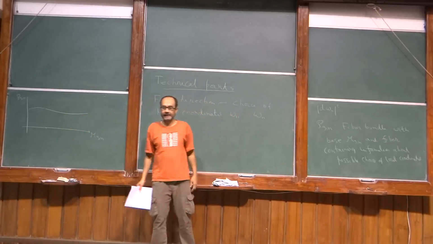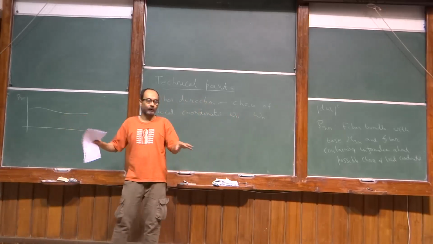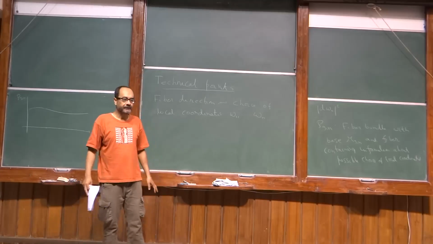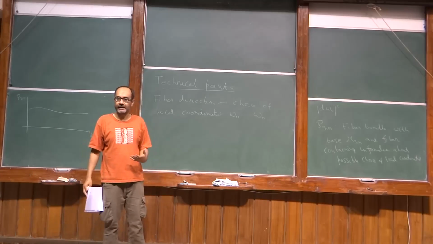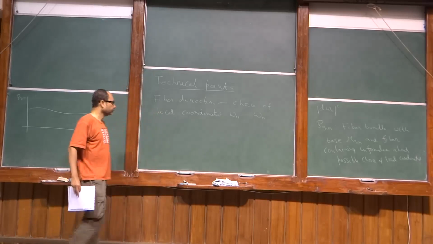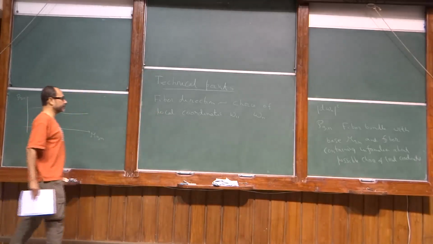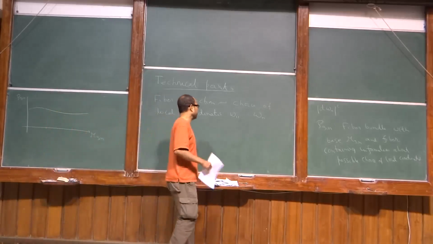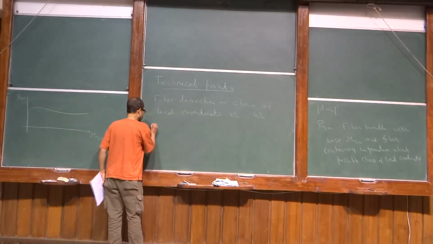Just like yesterday, we had a global coordinate of the sphere which we call z, and then choice of local coordinate w basically means specifying the function that relates z to w. But this is not totally correct. Okay? A qualification has to be added.